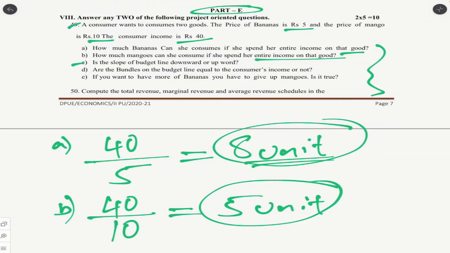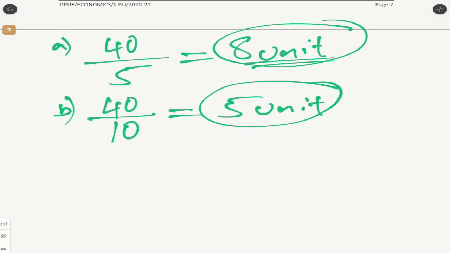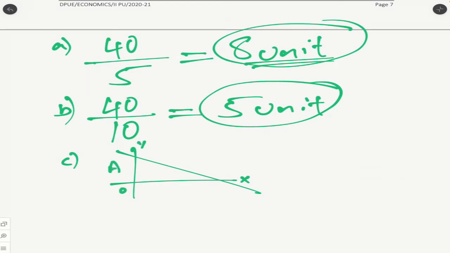The sub question C. Is the slope of the budget line downward or upward? How does the budget curve look? The budget curve looks like this. This is the x-axis, this is the y-axis, this is the origin. Let us take good A on the y-axis, let us take good B on the x-axis.